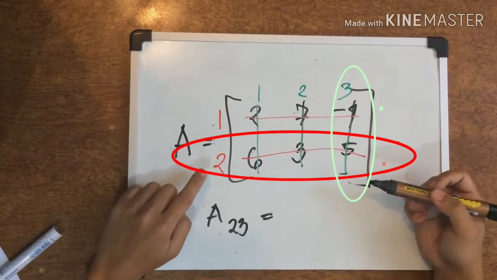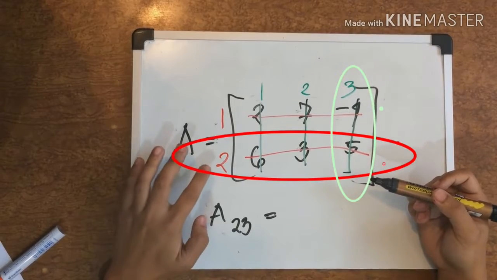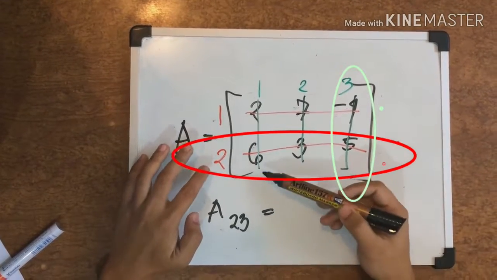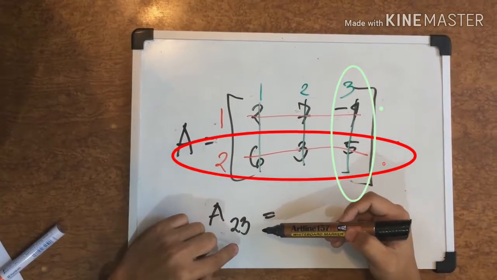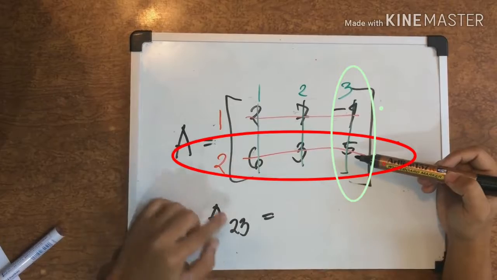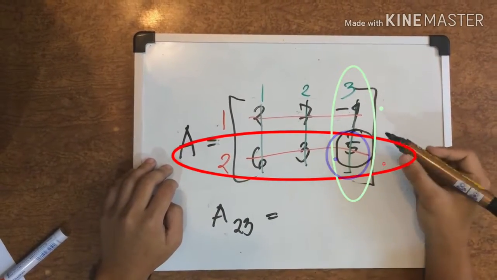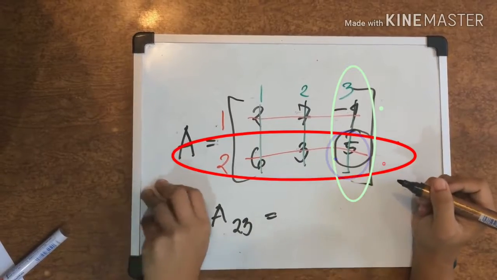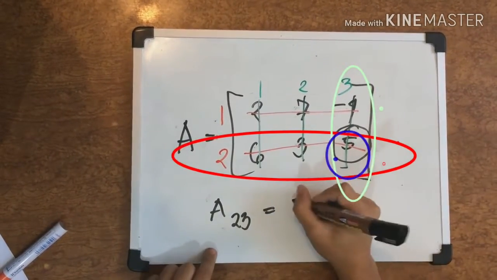We can see that there is a 2, which is in the second row. And the second number is 3, which is in column 3. So the number is 5. So the element in matrix A23 is equal to 5.